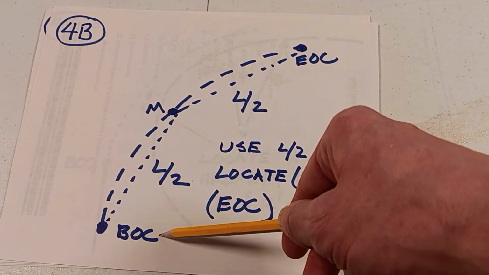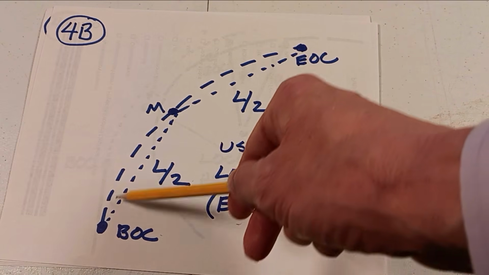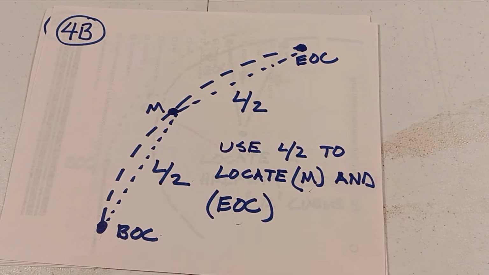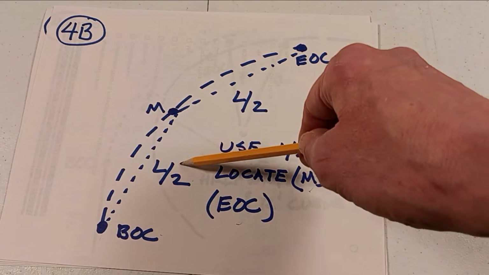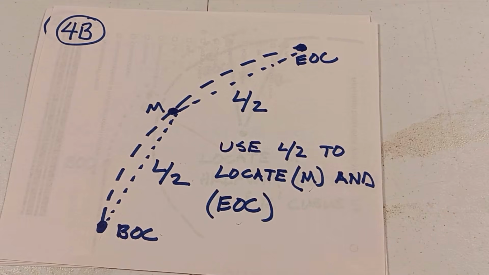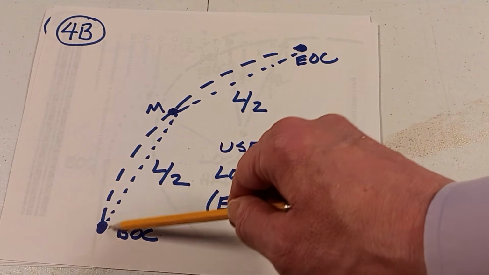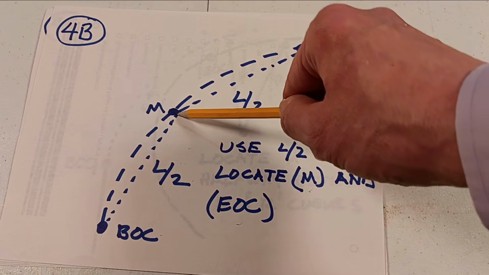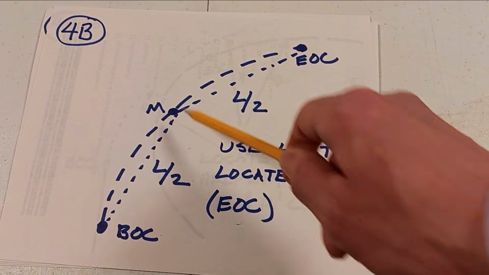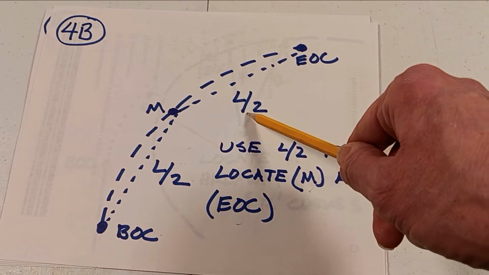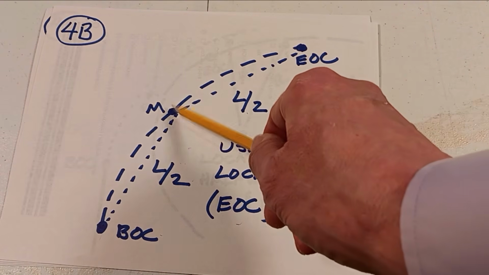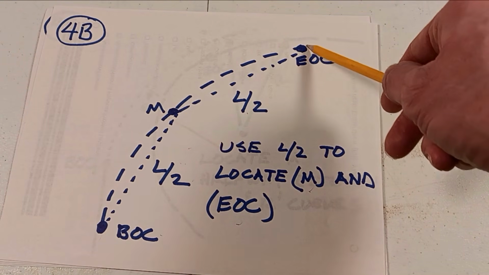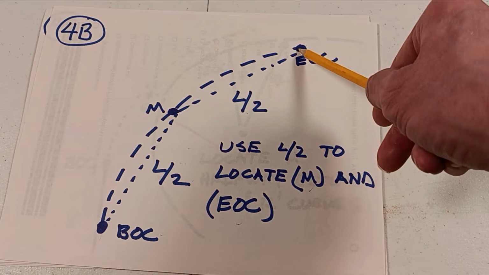So you'll start with the beginning of the curve and draw a straight line till it intersects that curve at this distance. If you know that this is 8 inches in N, at 4 inches, you're going to draw a line about 4 inches until it basically intersects that curve. That is going to be the midpoint M. Then you're going to use the same increment, in the same example 4 inches, from this out to the end. This is again the end of the transition curve.